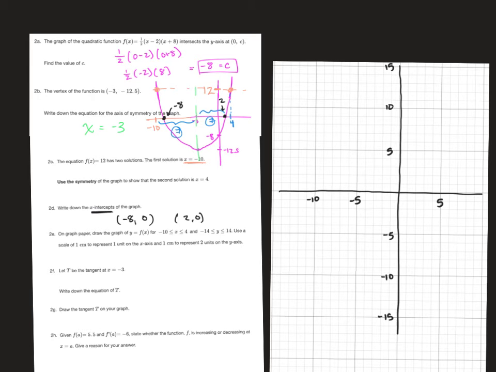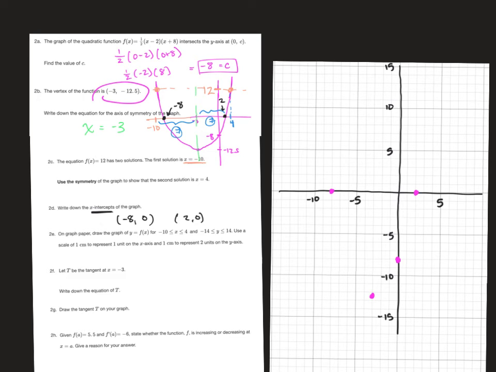Then let's get our important points on this. We know the vertex is going to be (-3, -12.5). So I'm going to go over here to -3, -12.5, and put a point right there. That's going to be my vertex. I know that the y-intercept is going to be at -8. I know I'm going to have 2 and -8 as x-intercepts.